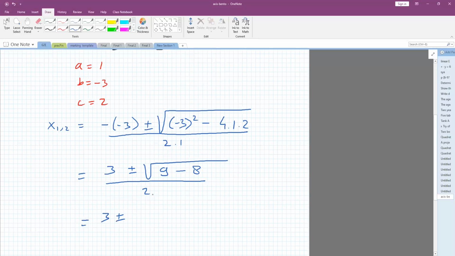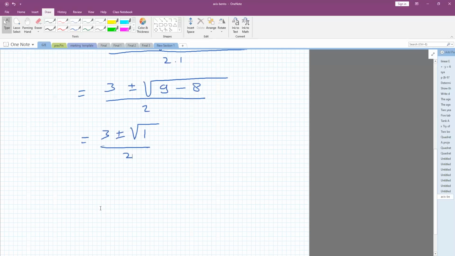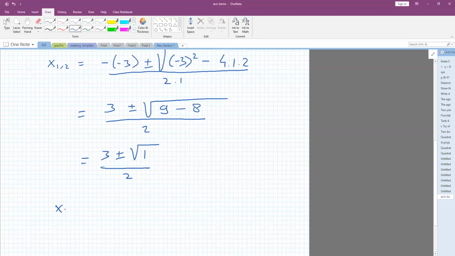So in this case, we get 3 plus or minus the square root of 1, which is just plus or minus 1. Therefore, let's get the first value first, x1. It will be 3 plus 1, divided by 2, and we get the first solution of that quadratic equation: x1 is equal to 2.